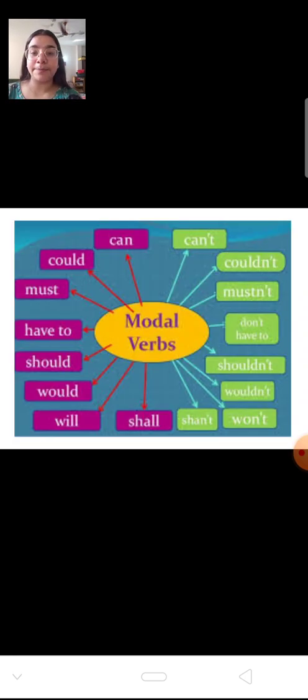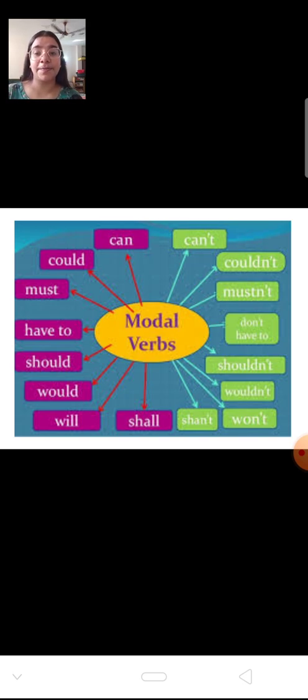So let us see that here I have shown you that modals are also known as auxiliary verbs. They are of different kinds. You can see here they are can, could, must, have to, should, would, will, shall not, won't, would not, should not, don't have to, must not, could not, and can't. That means if they are used in a positive way, they are also used in a negative way.